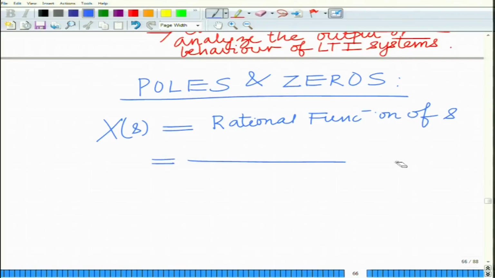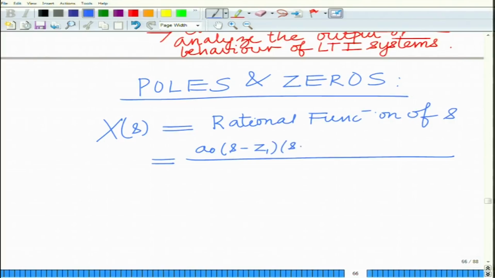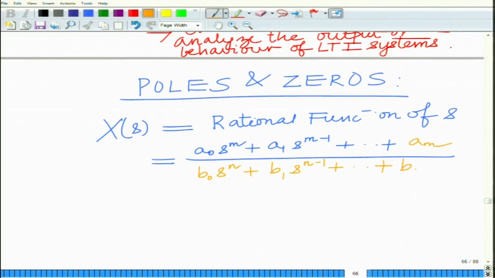So, this is going to be of the form a0 (s minus z1)(s minus z2) ... (s minus zm), or let us write it this way: a0 s to the power of m plus a1 s to the power of m minus 1 plus ... am, divided by b0 s to the power of n plus b1 s to the power of n minus 1 plus ... bn.